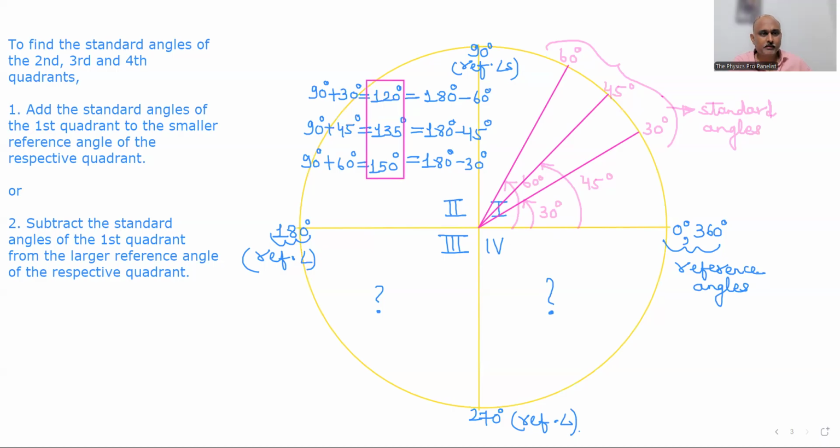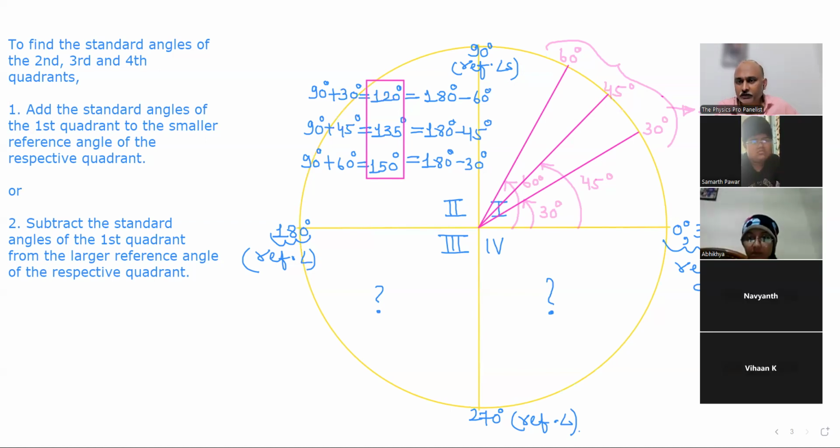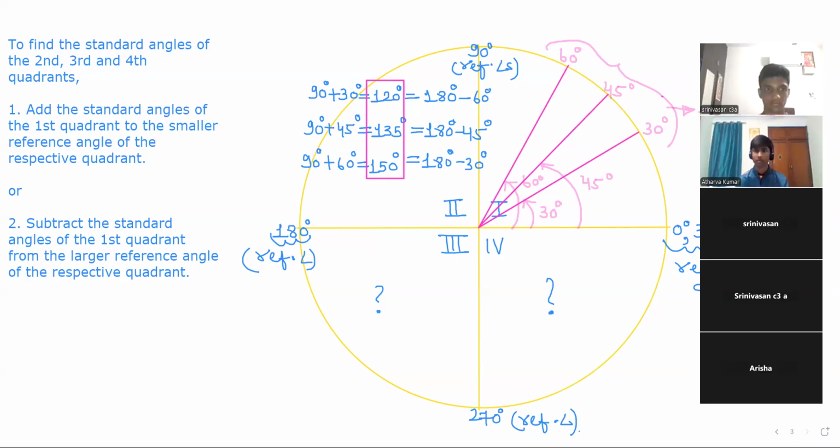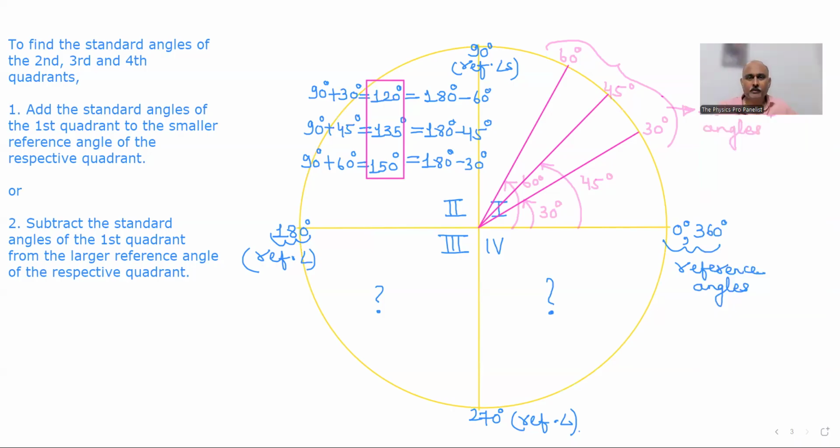Done? Chalo, shall I move ahead? Anybody who is left? Samarth, noted. Samarth, Abhikya, Navyant, Vihan, Srinivasan, yes, sir. Done. Arisha. Very good. Very good.